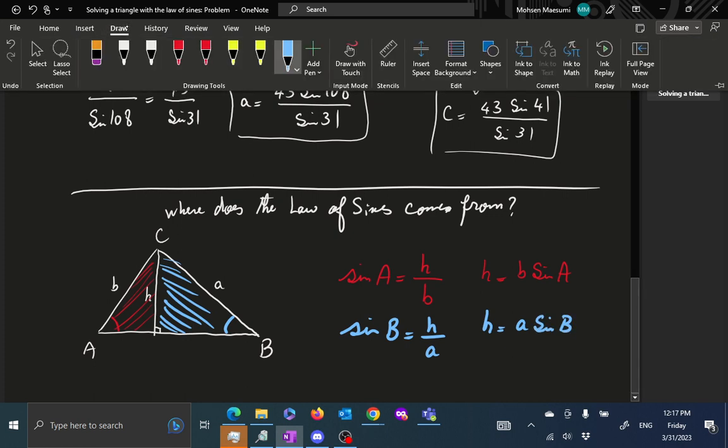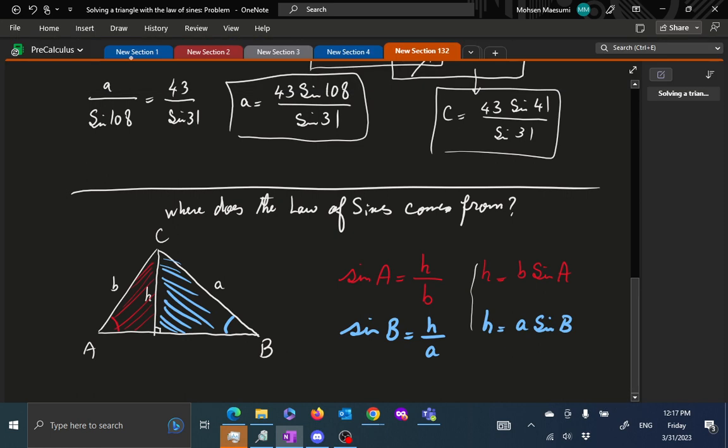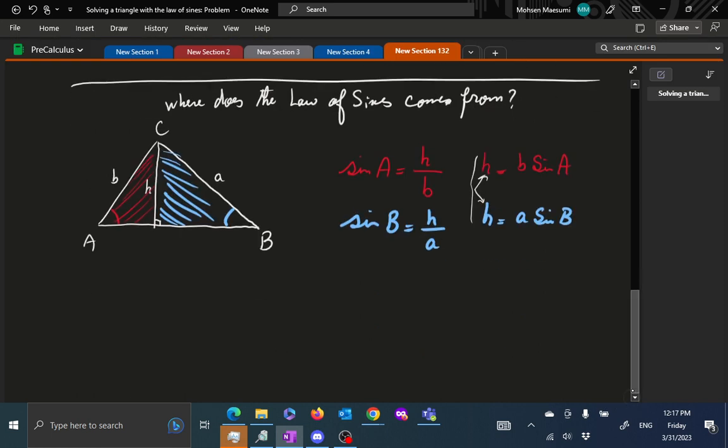Now what? Now I say, well, these are same quantities, this is the same height. They have to be the same, so these two have to be the same. So A sine of B is same as B sine of A. That is in fact the law of sines.